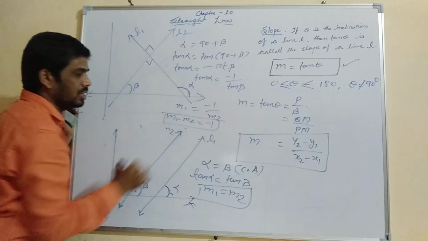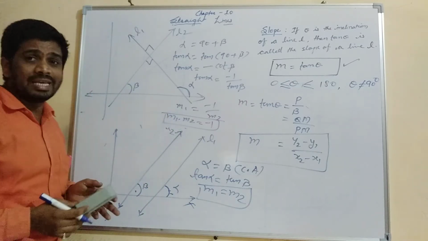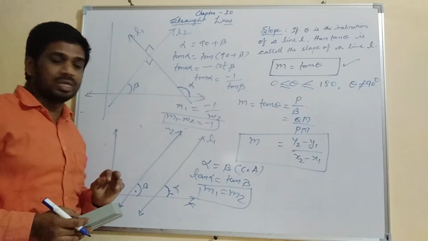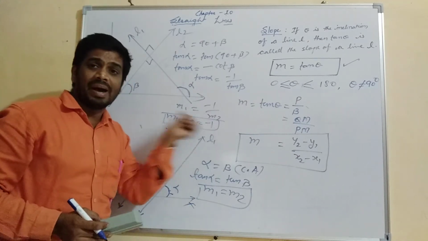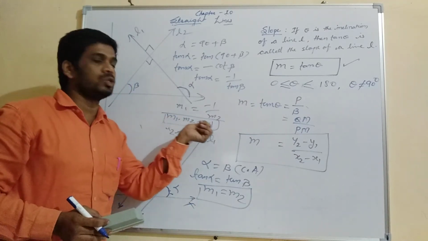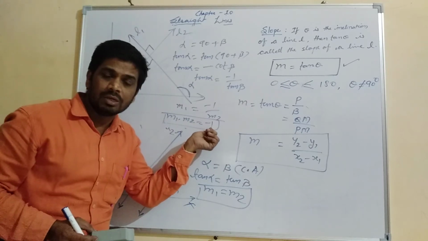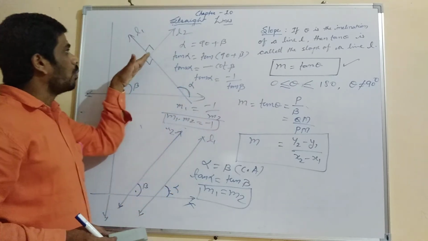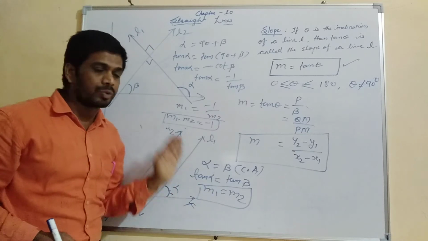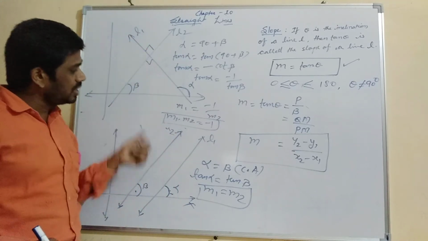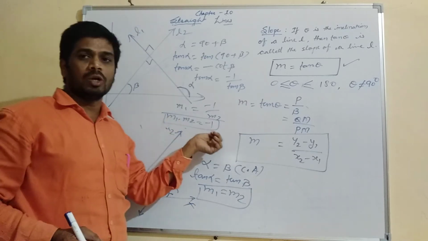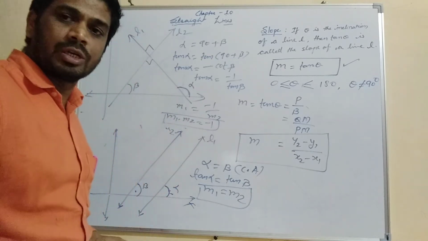This is the relation for two lines which are perpendicular to each other: the product of their slopes will be minus 1. If m1 into m2 is equal to minus 1, then both lines are perpendicular to each other, or if the two lines are perpendicular to each other, then you can use m1 into m2 equal to minus 1. So let's see the questions.